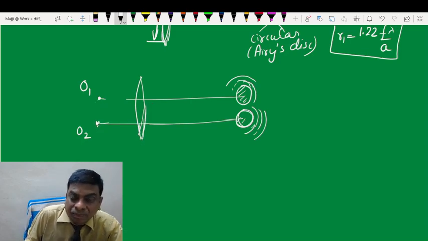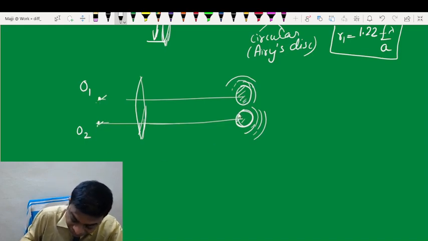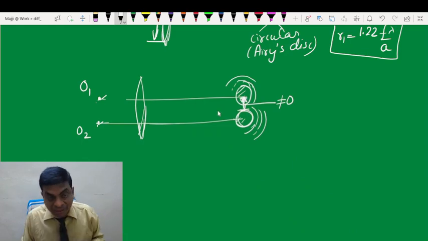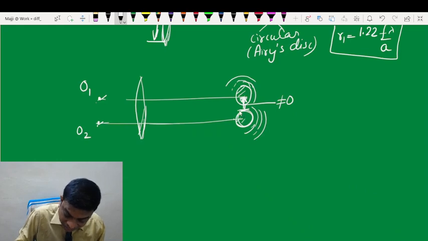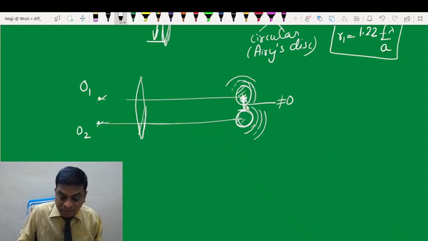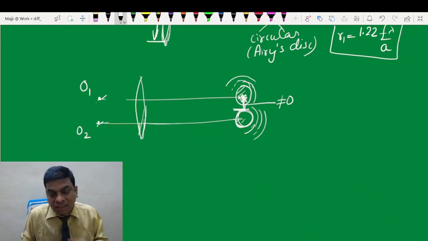That is, it will be able to discriminate between these two as two separate entities if this falls beyond this point. That is, there must be some separation between them. This should be non-zero. In the limiting case, let this be exactly incident here. Still, in such a case, the two objects will be just resolved.